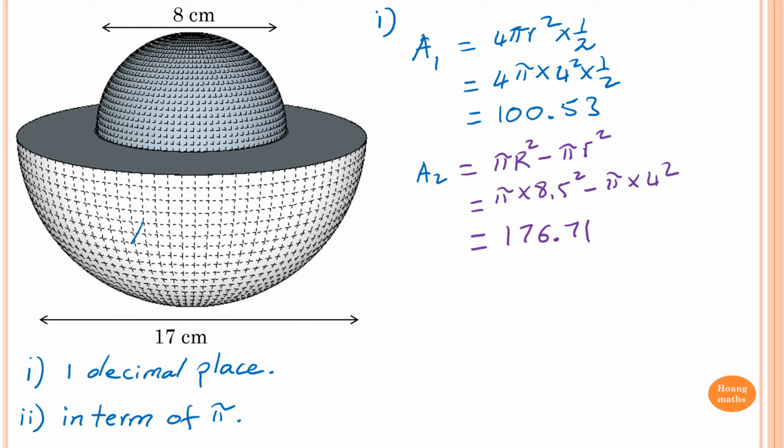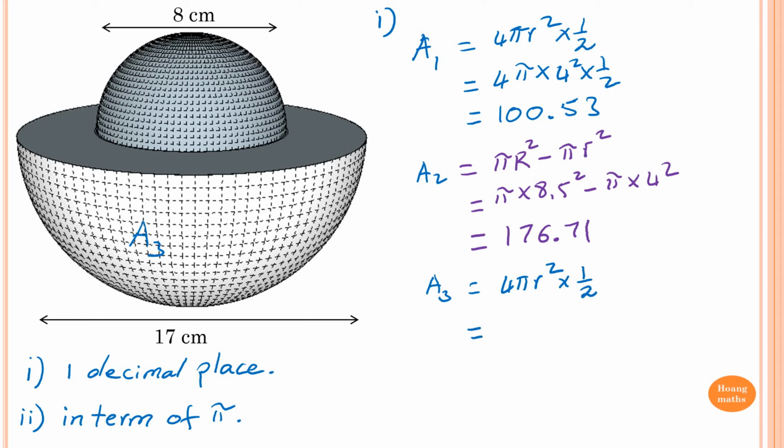Now area part 3 is here, which is half of a sphere. So A3 is equal to 4 pi r squared. That will give me the whole sphere, but only a half of it, so I just times by a half. Now all I need to do is just substitute the value in.